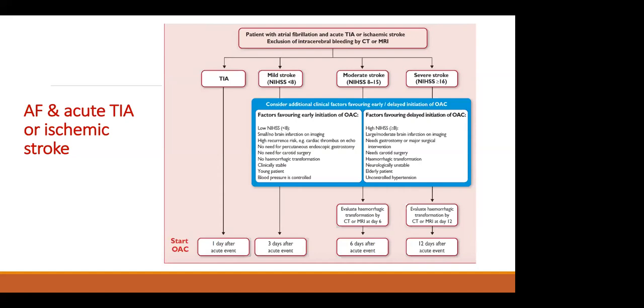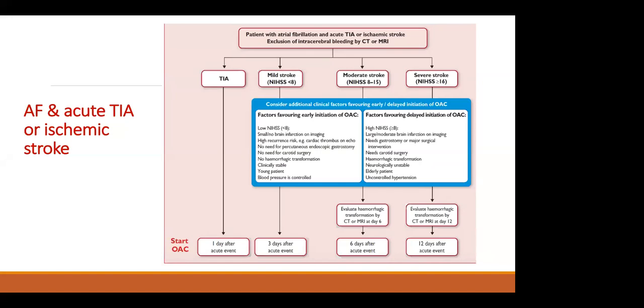There are other clinical factors that may guide your decision and may favor either early or delayed initiation of oral anticoagulant, other than the stroke severity score. These include the size of the brain infarction, whether the patient has a high risk of recurrent stroke, or has a cardiac thrombus, for example a thrombus in the LV, which puts him at high risk, so this favors early initiation.